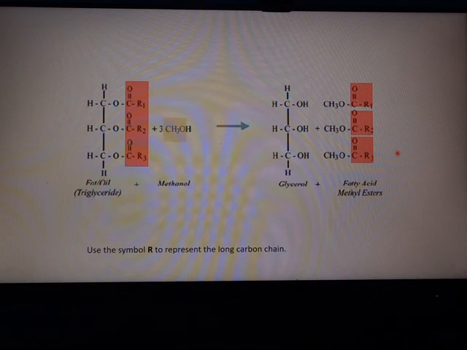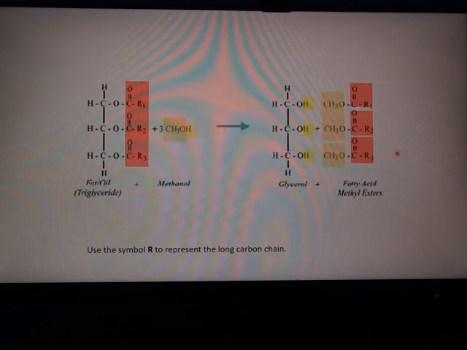And your methanol provides the methyl group for the ester. Then you're left with your glycerol, also known as propane-1,2,3-triol.